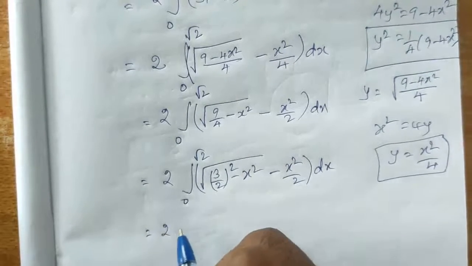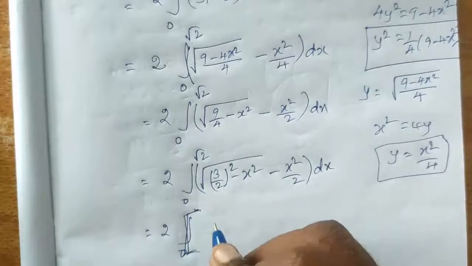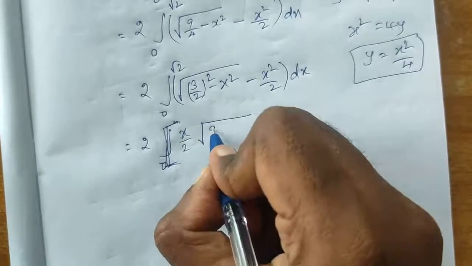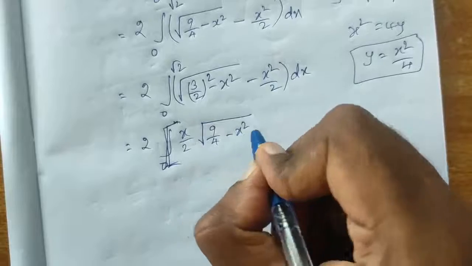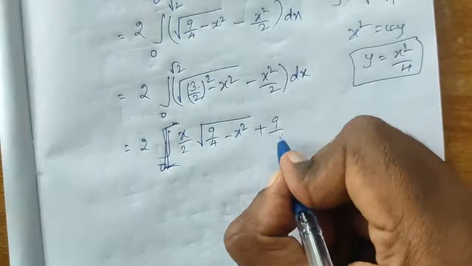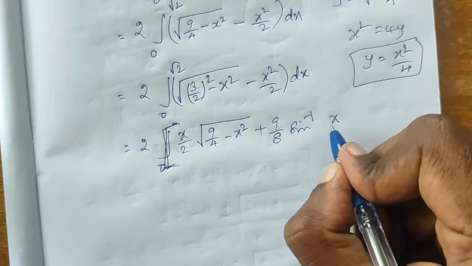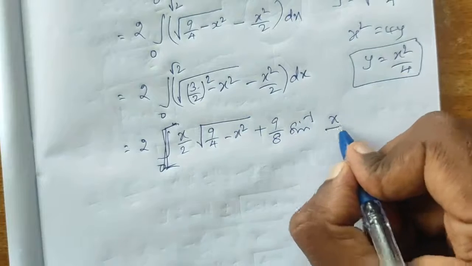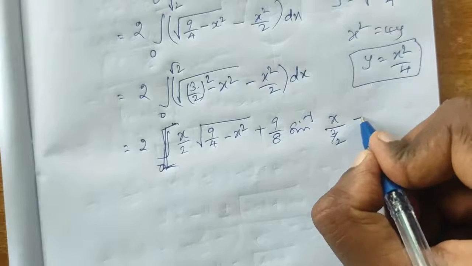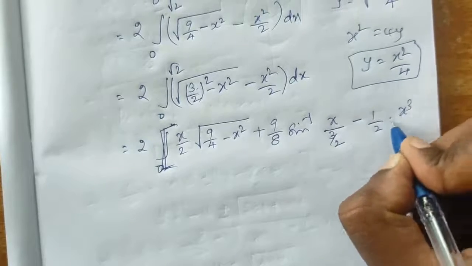So we get 2 into [x by 2 into root of a square minus x square, 9 by 4 minus x square, plus a square by 2, a square 9 by 4 by 2, 9 by 8, sine inverse of x by 3 by 2] minus 1 by 2 into x cube by 3.